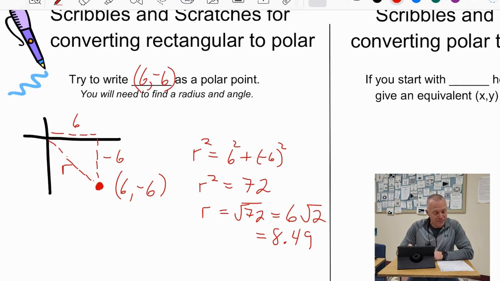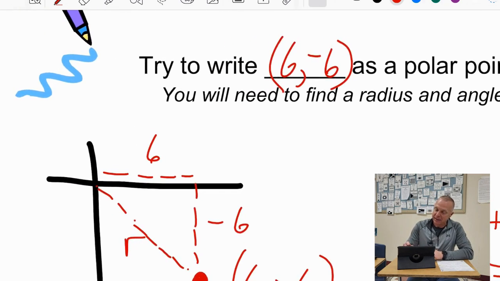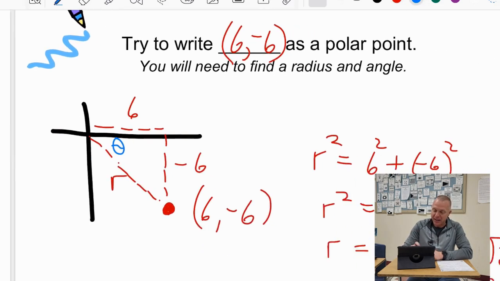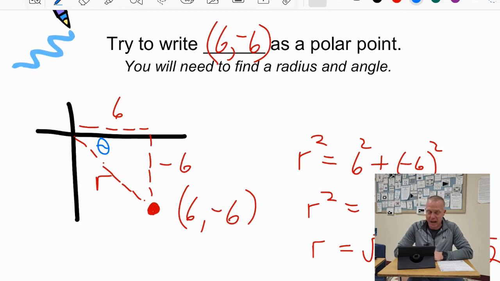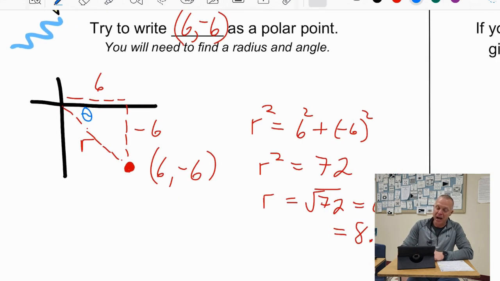Now your angle theta, that might require a little bit more pause here because this time I'm going to need some trigonometry. Now remember, the trigonometry would simply be right triangle trigonometry, and I believe we have an opposite, which of course is -6, and an adjacent, which is 6.